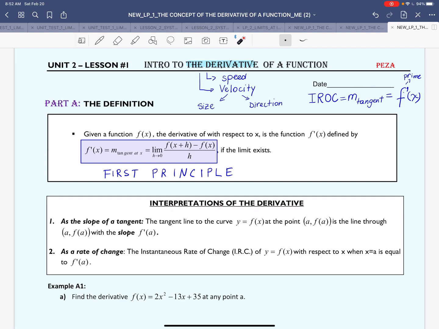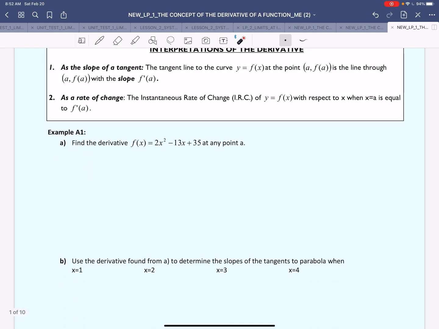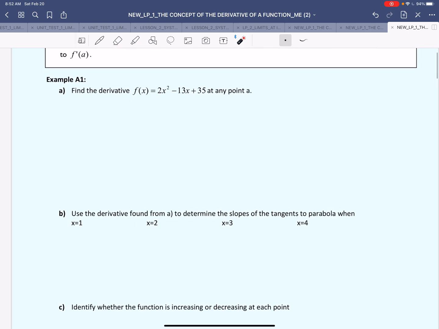What is the meaning of derivative? So the derivative of a function is the slope of a tangent of a function at a point, so on the graph of a function at a point, or it is the rate of change, the instantaneous rate of change at a point.